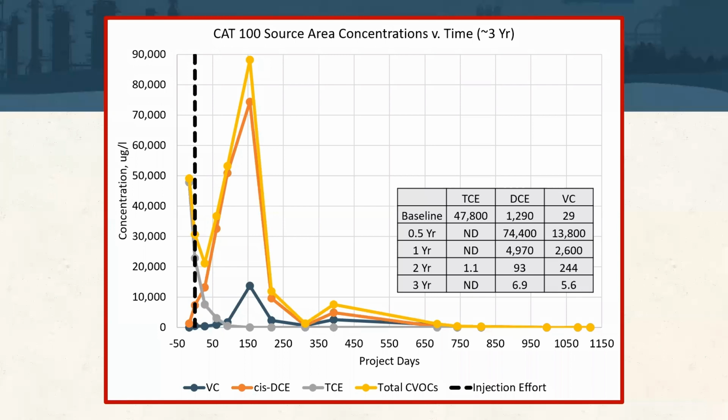And just another comment that we see on other CAT 100 sites, we generally don't see a stoichiometric production of vinyl chloride. What you see here is pretty typical, where we do see the DCE increase, but the vinyl chloride is usually a lower concentration. We don't see an equal spike.